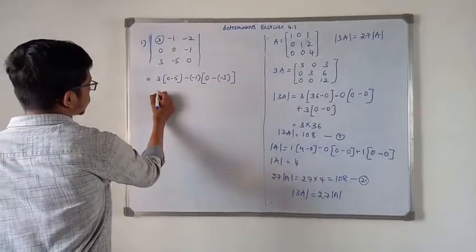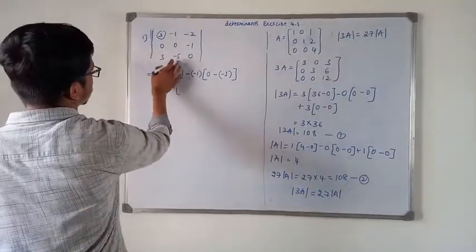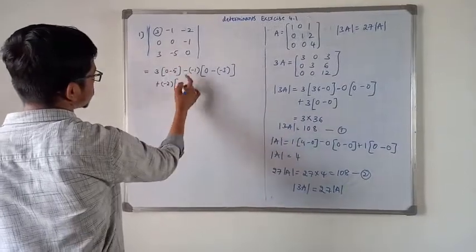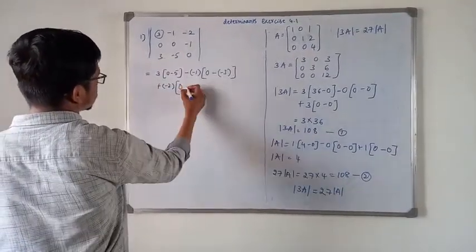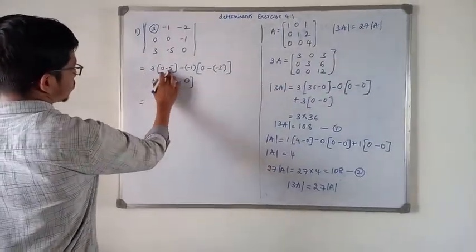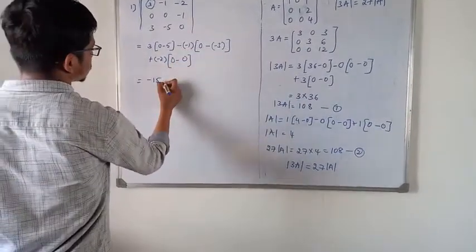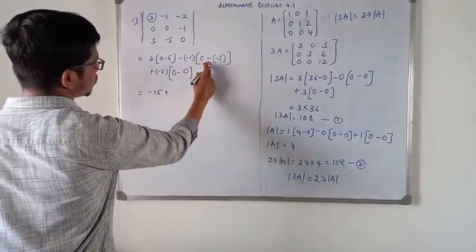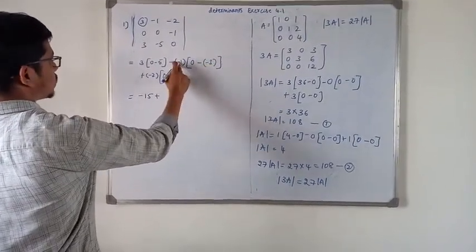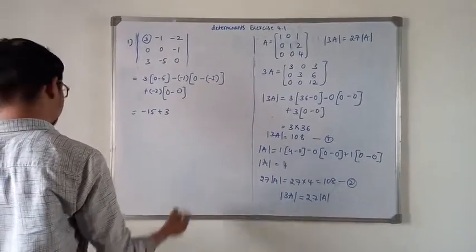Next is plus of minus 2 into, excluding first row and third column, that is 0 into minus 5 is 0, 3 into 0 is 0. This is equal to 3 into minus 5, minus 15, minus into minus is plus 1, 1 into minus 3 is plus 3. This is equal to how much? Minus 12.